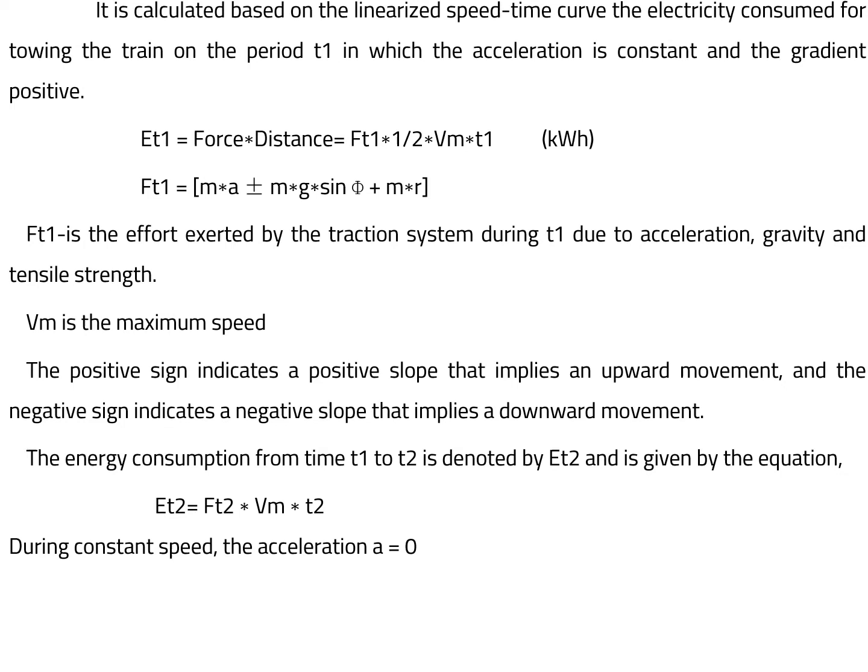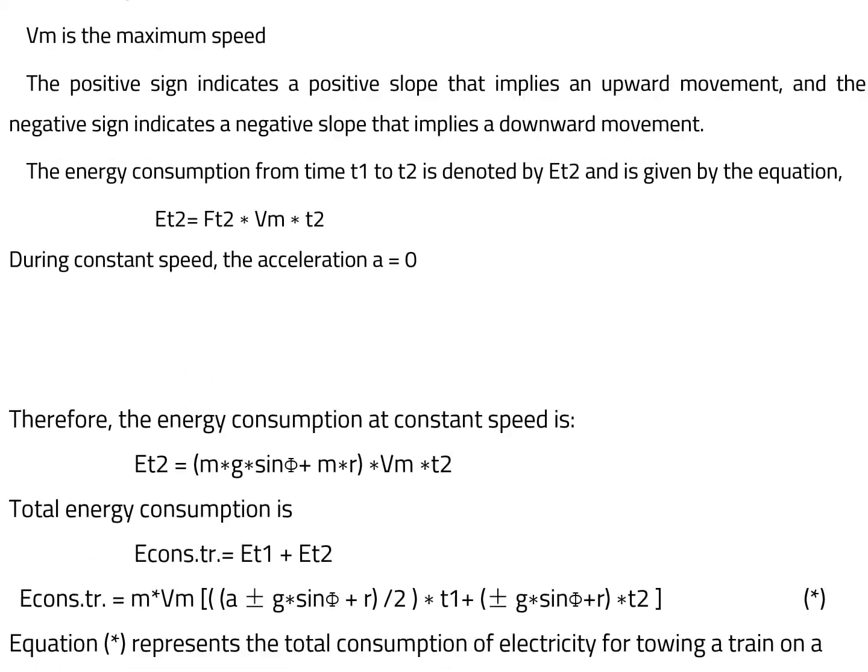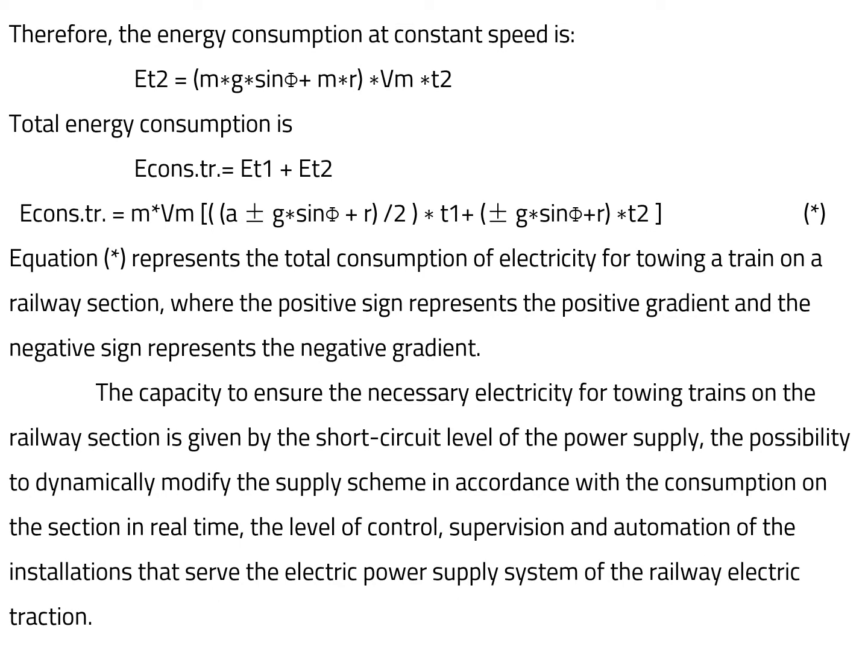The energy consumption from time T1 to T2 is denoted by ET2 and is given by the equation ET2 equals FT2 times Vm times T2. During constant speed, the acceleration a equals 0. Therefore, the energy consumption at constant speed is ET2 equals (m times g times sin φ plus m times r) times Vm times T2.